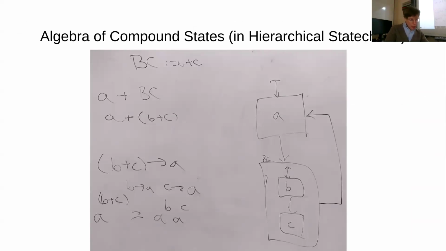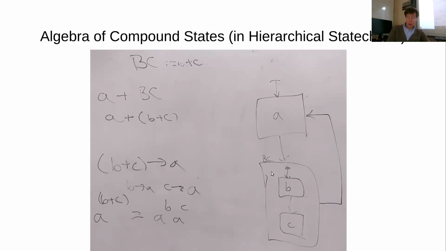I will note, time is running short, but there's a further algebra of compound states. If we have, for example, an overall state and then a compound state, we have a transition into a compound state with a certain entry point, and then a transition out of that compound state.